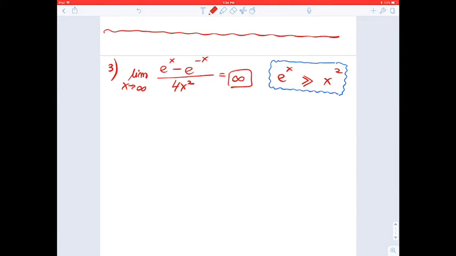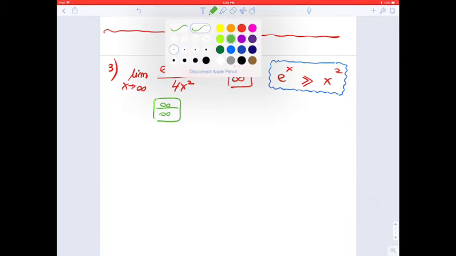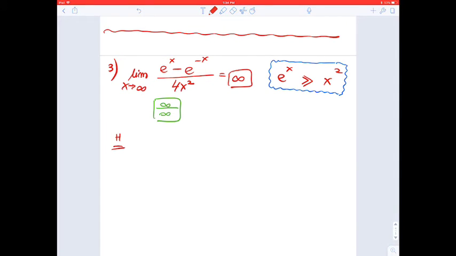But let's apply the L'Hopital rule. Because what we have, if x is infinity, e to the x at infinity is infinity, and quadratic function at infinity is infinity. I think I can apply the L'Hopital rule right away. Let's see. Derivative of e to the x, e to the x. Derivative of e to the negative x, e to the negative x times negative.